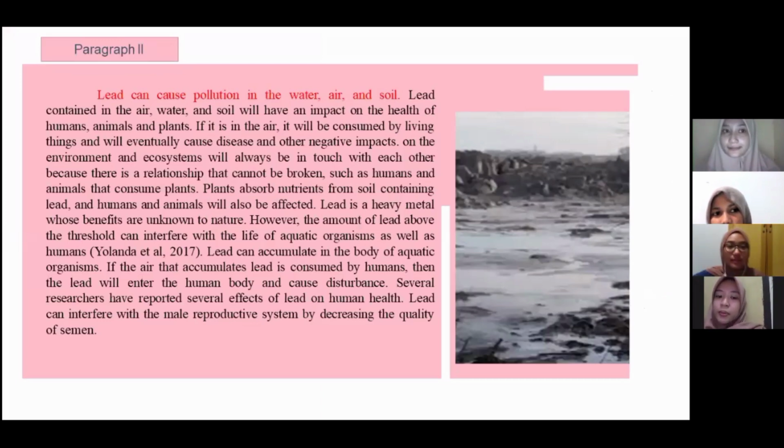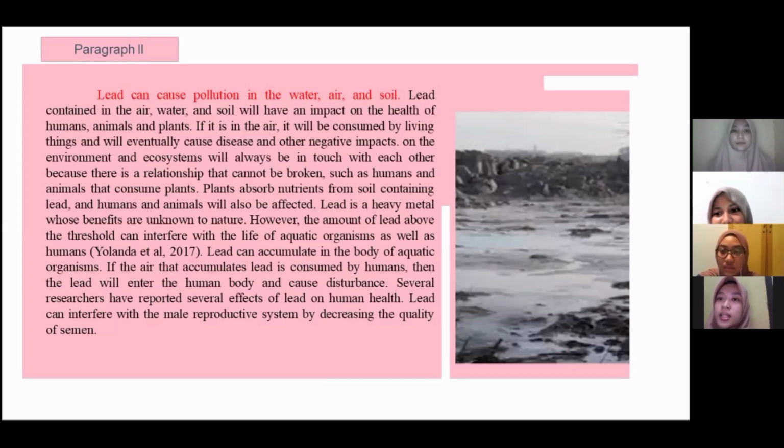The next is the body of the essay, with the topic sentence: lead can cause pollution in the water, air, and soil. And the supporting sentence is that lead contained in the air, water, and soil will have an impact on the health of humans, animals, and plants.